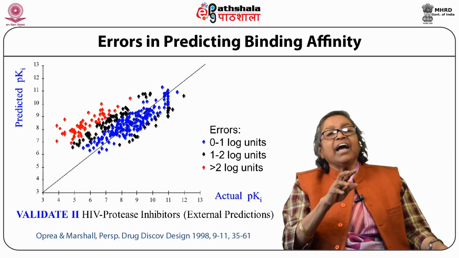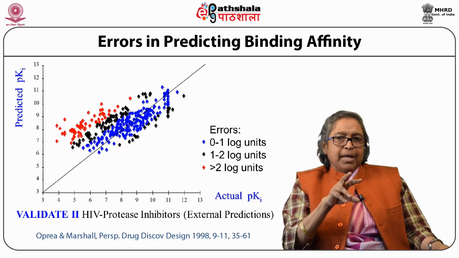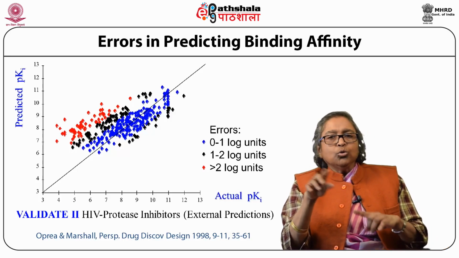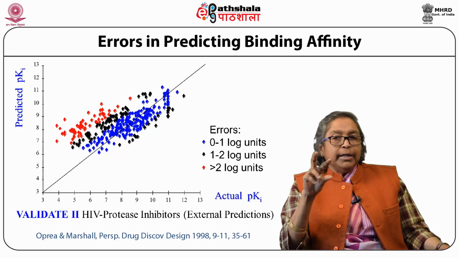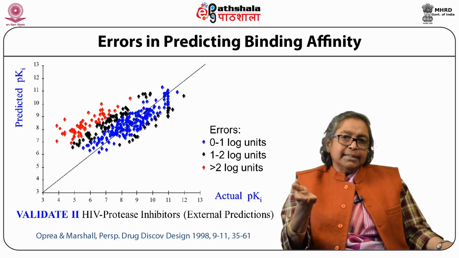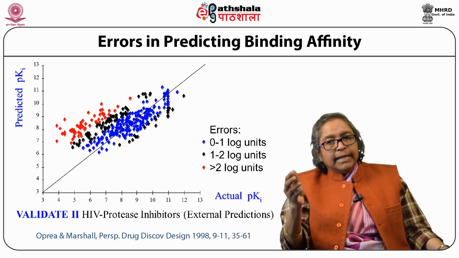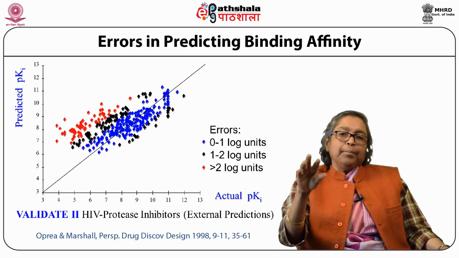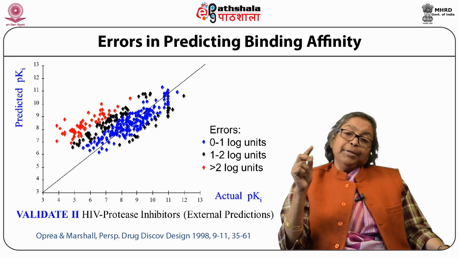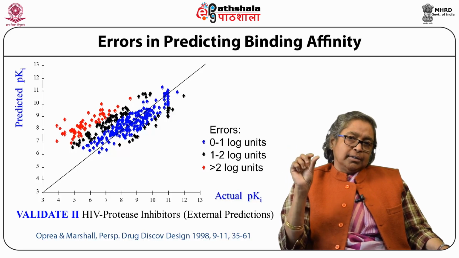That means they are poor binders. Whereas the middle ones, between 1 and 2 log units, are shown in black, and they are in the middle range, that is, they are mild binders. And the better binders, in blue, show high correlation, coming within less than 1 log unit error.